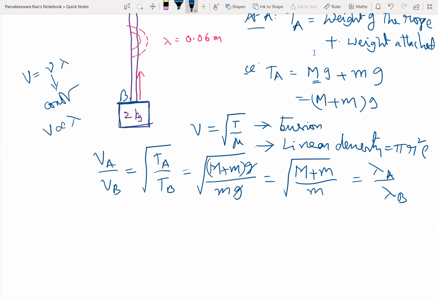So now you substitute the values. Lambda A by lambda B, wavelength at B is lambda, and root of capital M plus small m by small m, where capital M is given as 6 kilograms, small m is given as 2.